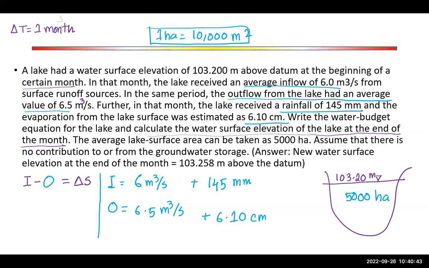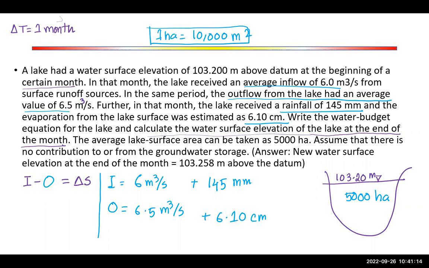We have meter cube per second, we have millimeter, we have centimeter, we have hectare. But we will work on that. Now, we need to convert everything into the same units, some standard units, either volume or something. Since we know the time is 1 month, and here the time is in second, if we multiply this whole thing with some seconds, we will get the volume, right?